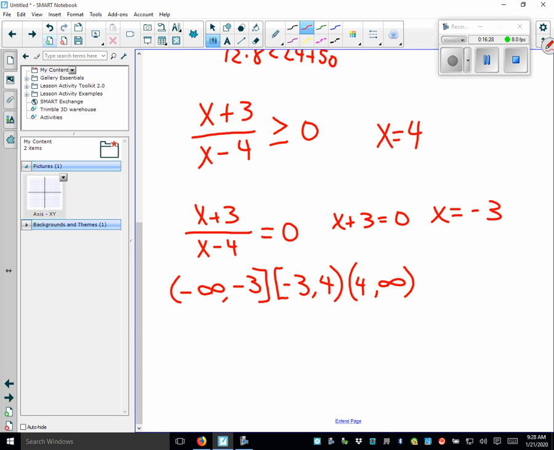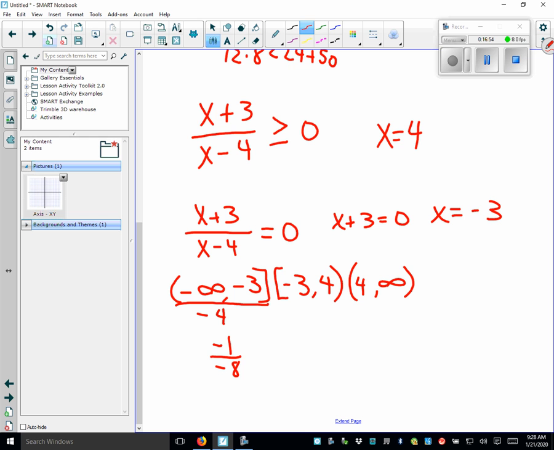What am I going to use for the first one? Negative 4. When I put it here, I get negative 1 over negative 8. Is that greater than or equal to 0? Yes, it is. Oh, wait, because it's two negatives, isn't this 1/8? So this works.